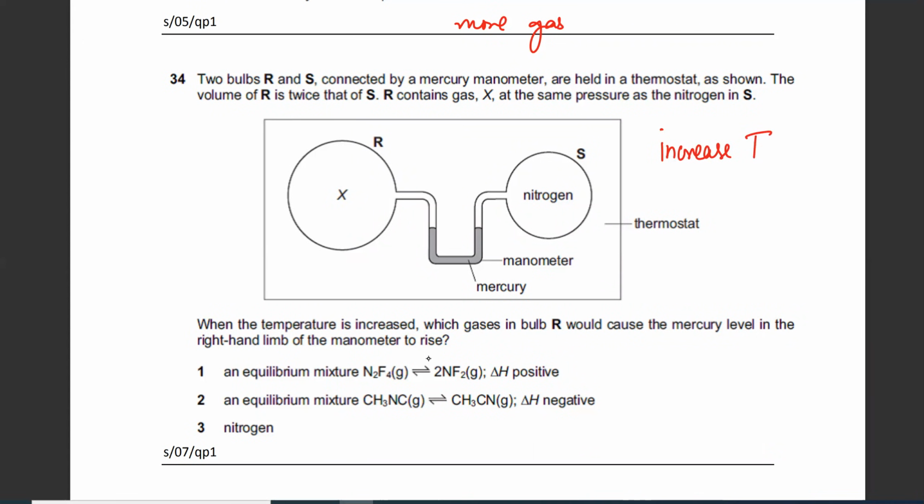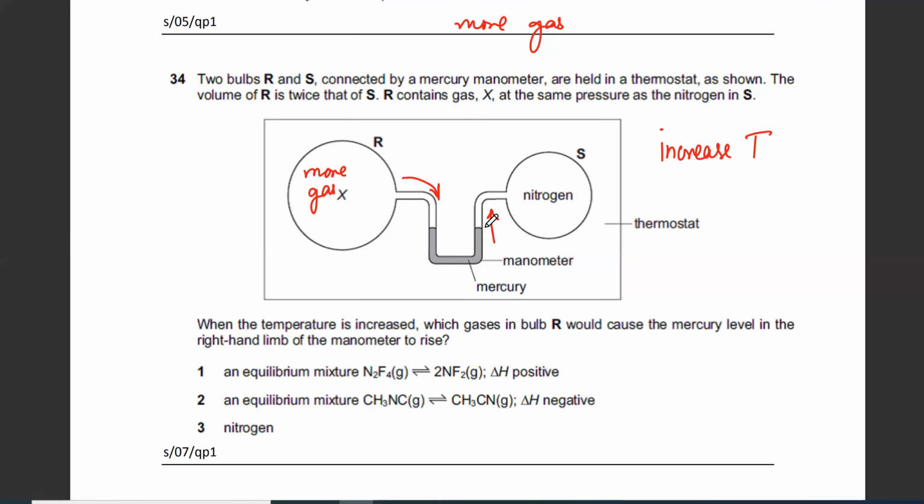And the mercury on the right-hand side should rise. So that means there's only one possibility, that in the left-hand limb, more gas is being produced. If you get more gas, the gas pushes the mercury and the mercury rises on the right side. Is this idea clear?